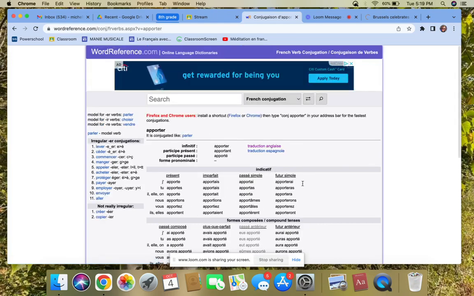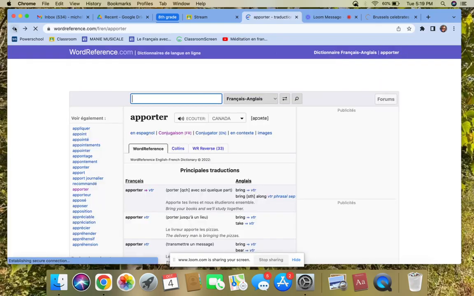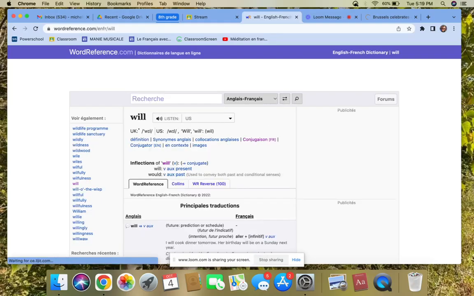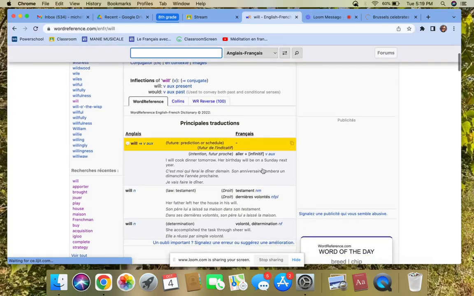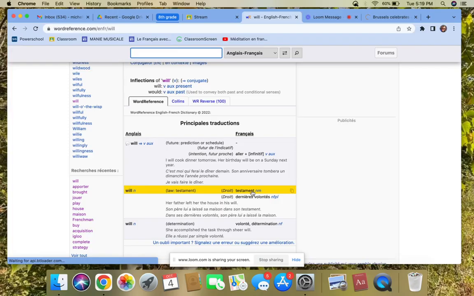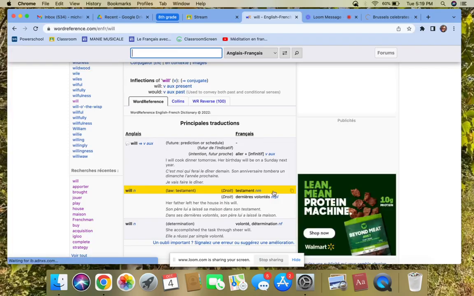If you're trying to say I will bring, sometimes what students will do is they will look up the word will. If I go to English to French, I might type in will, and I don't really see anything there. If I'm not paying attention, I might look here and go, oh, testament, that's got to be it.